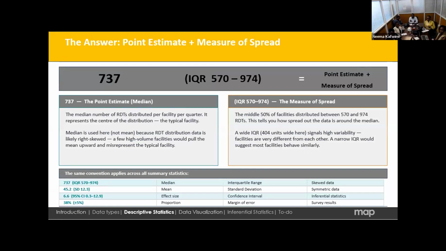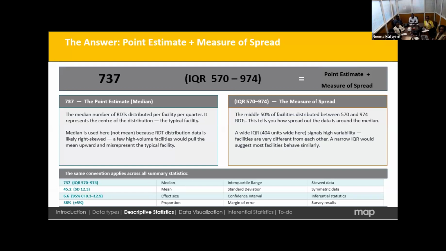It is advised not to report the point estimate by itself, but to report them together. In our case, the point estimate is the median, 737, and it tells us that our data is skewed, not normally distributed. But also 50% of our data is accumulated at 570 to 974.